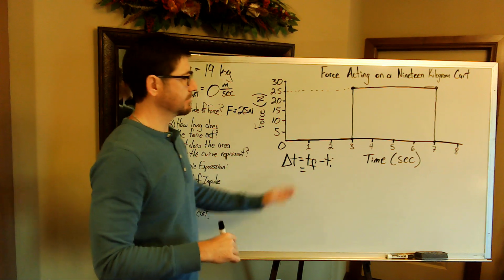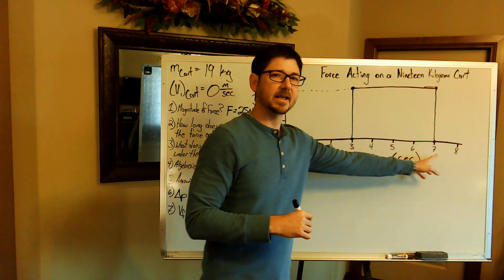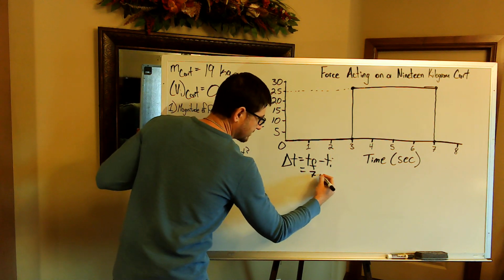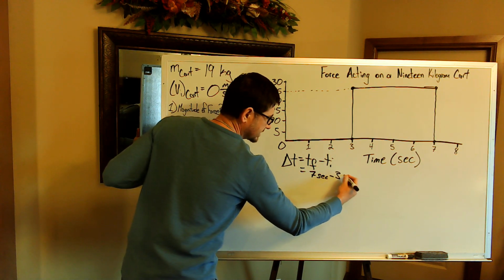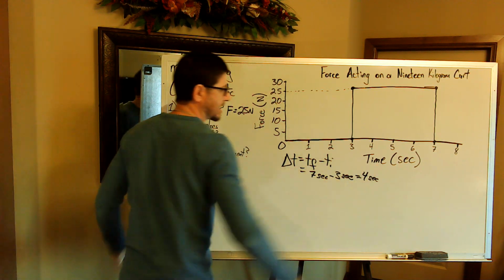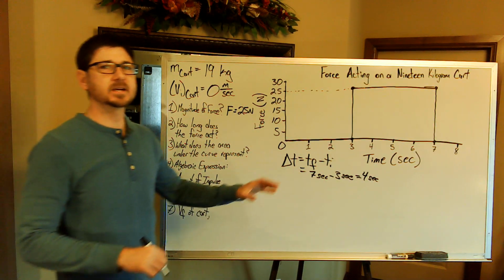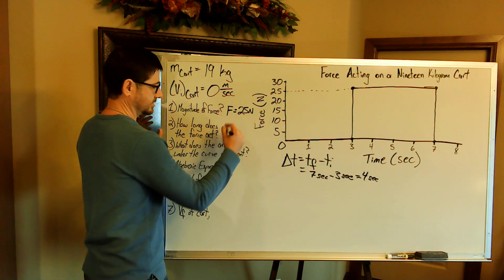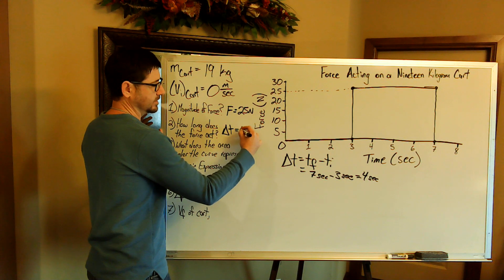The final time is 7 seconds, and our initial time is 3 seconds. So we have 7 seconds minus 3 seconds, which is equal to 4 seconds. So the amount of time that the force is applied to the cart is 4 seconds. So let's say delta t equals 4 seconds.